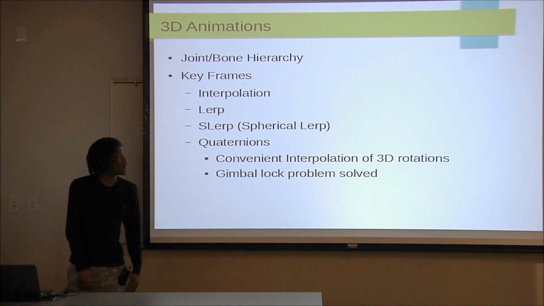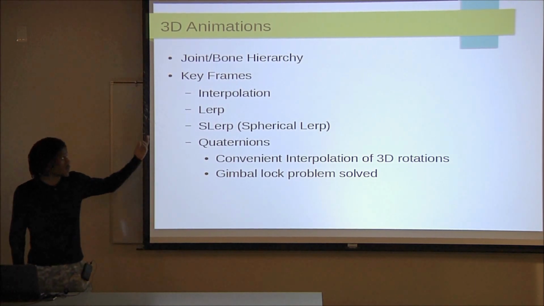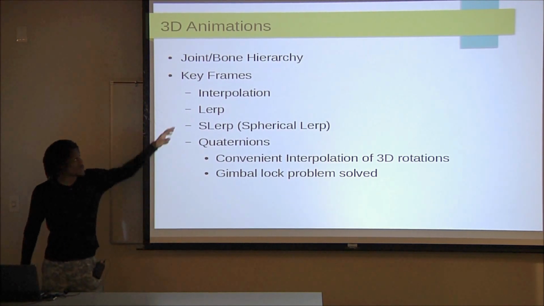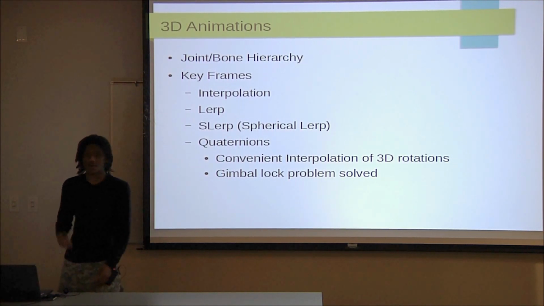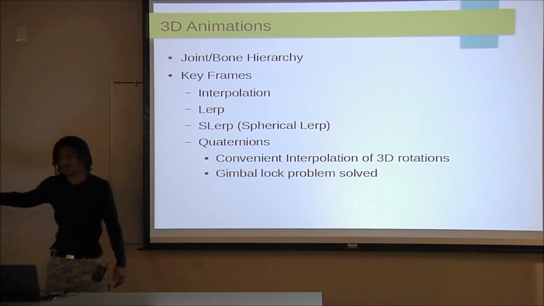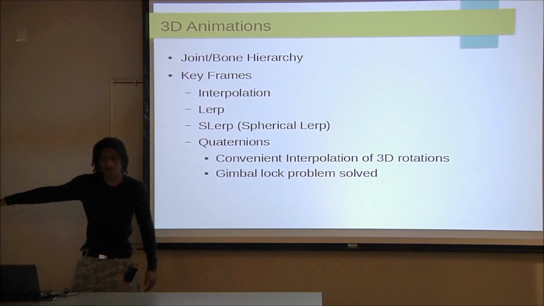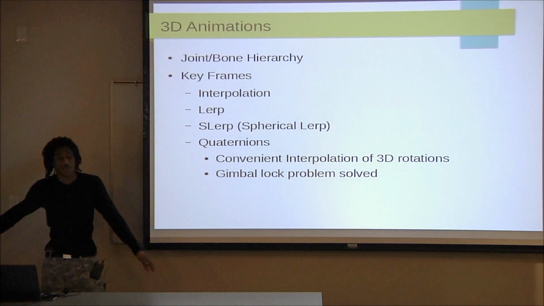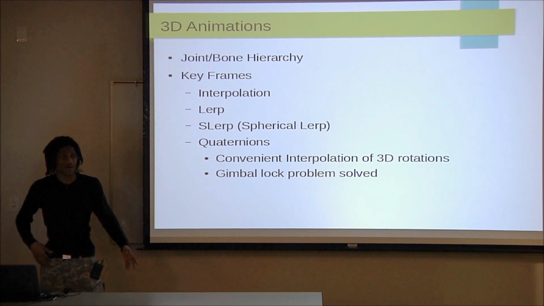But then there's also the joint or bone hierarchy method, where you do interpolation using keyframes, where you just say, this is one keyframe, this is one keyframe, and at time 0, I'm right here. At 1 second, I'm right here. And that's all you give, right?